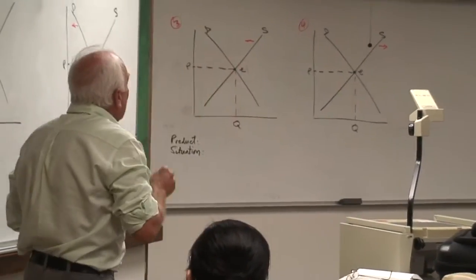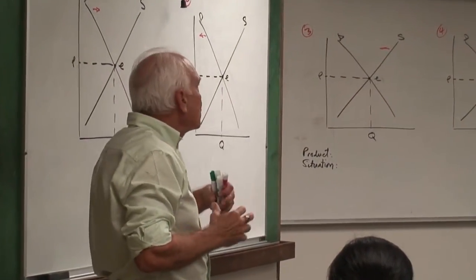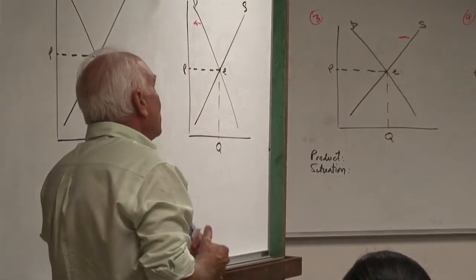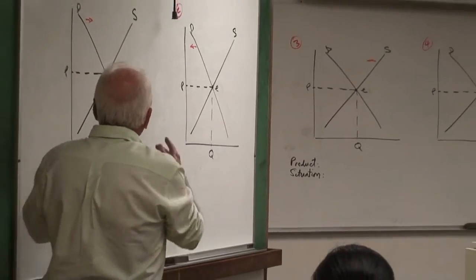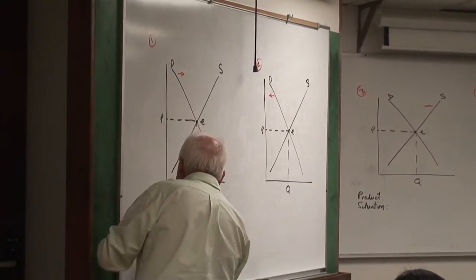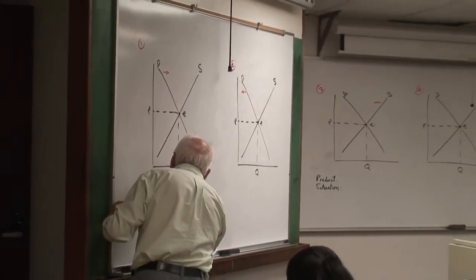Now this is where I want you to pay good attention to the labeling and use of arrows and all that I put in here, because for full credit you want to be able to have the full graphic explanation. Okay, so first of all, let's say the product is Aloha shirts.